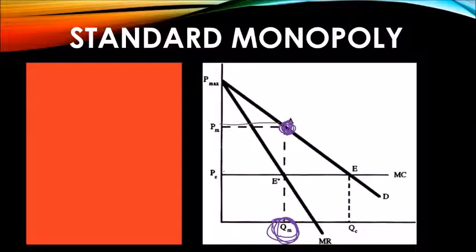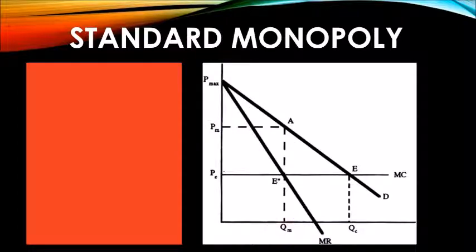So the monopoly price becomes: the point where marginal revenue equals marginal cost gives us the quantity, and where that quantity hits our demand curve gives us that price. So here we have the monopoly quantity QM, and the monopoly price PM.